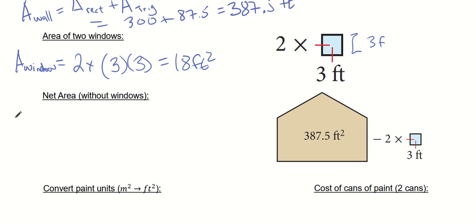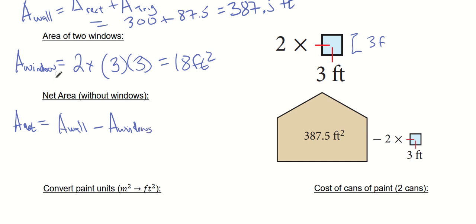Okay, then finally we are going to calculate the area without the windows, the area net. The description is net, and it's essentially the area of the wall, which is the total area, minus the area of the windows.